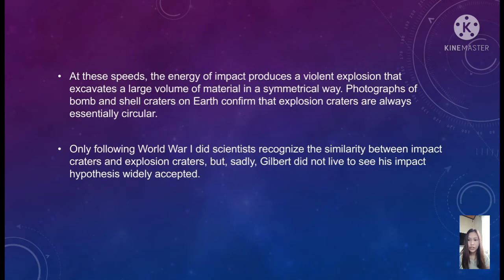Photographs of bomb and shell craters on Earth confirm that explosion craters are always essentially circular. Only following World War I did scientists recognize the similarity between impact craters and explosion craters, but sadly Gilbert did not live to see his impact hypothesis widely accepted.